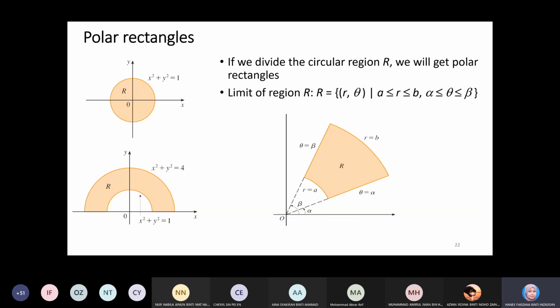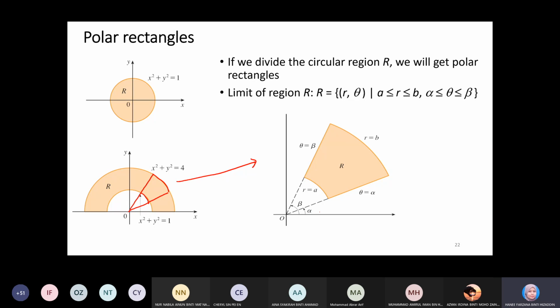When you just take a section of this sector, in this case the diagram below, and magnify it, then you can get this region R, and if you divide it, you can get polar rectangles.